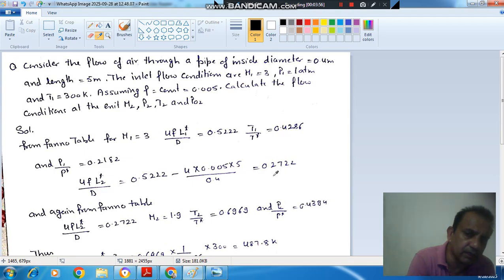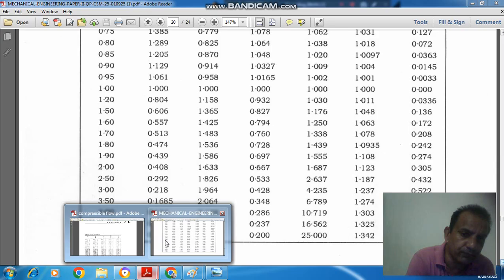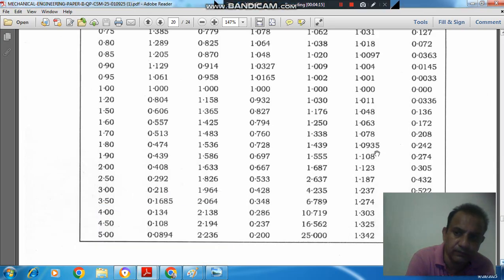Now again using the Fanno table, as the initial Mach number is supersonic, we will look for the value of this quantity 0.2722 in the supersonic case. Here the value 0.2722 corresponds to approximately 1.9.